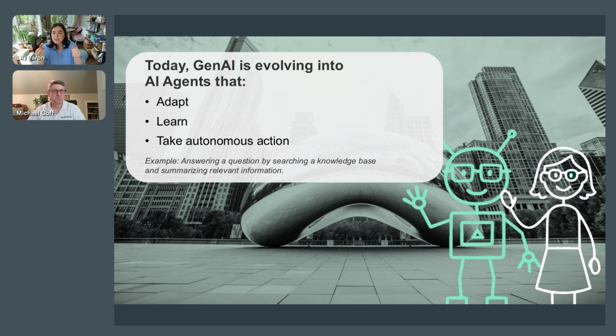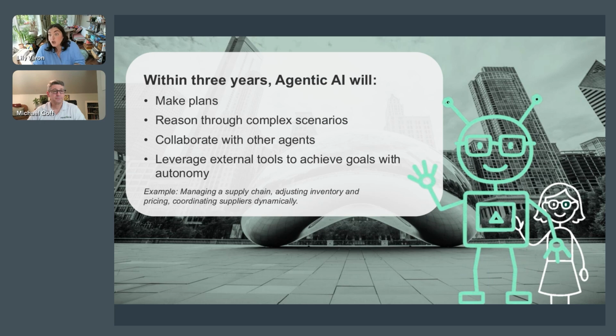But all of these underpinning technologies that are helping these agents seem more action-oriented, maybe aren't as adaptive, aren't as learning, and aren't as autonomous as the true powers of agentic.